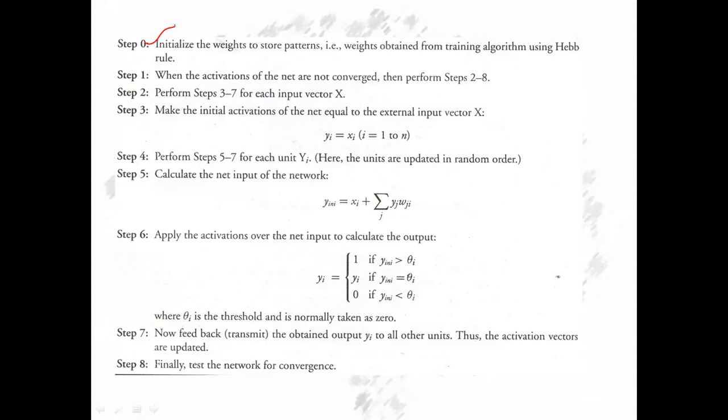There is an individual formulation for each of these, which we studied in the earlier lecture. After initializing the weight matrix, our Hopfield network has stored the given input patterns.